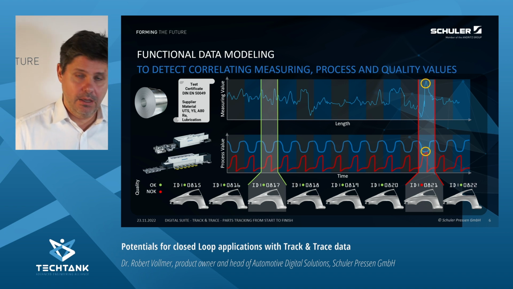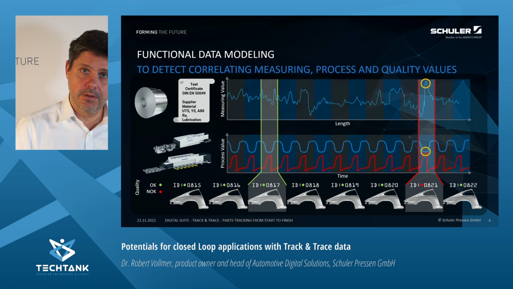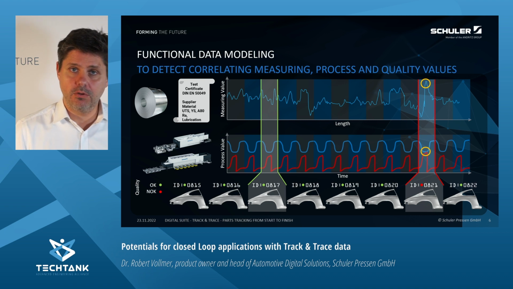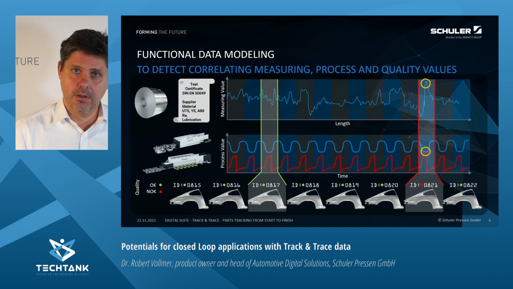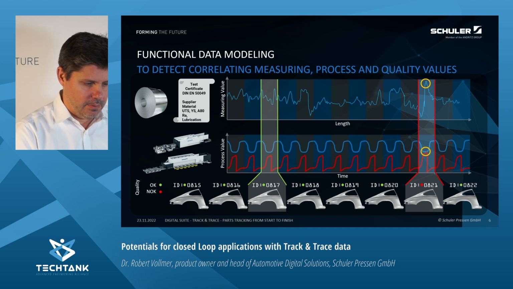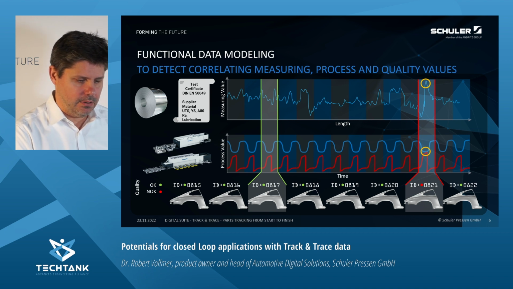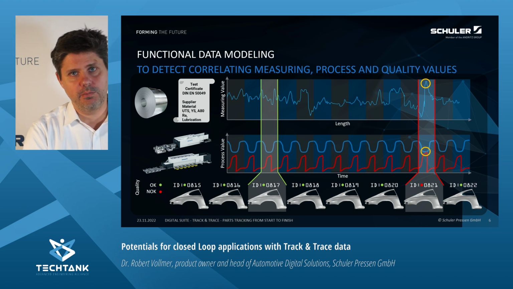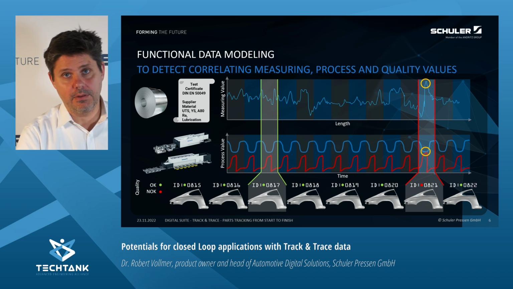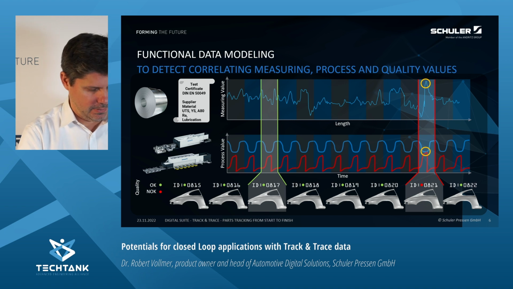That means we know very precisely which parts come out of which coil, and we can also trace back. If I have a specific part with a single part ID, I can trace back which coil it was processed out of. So this is the data modeling, and this is how we try to give full transparency about the production process.